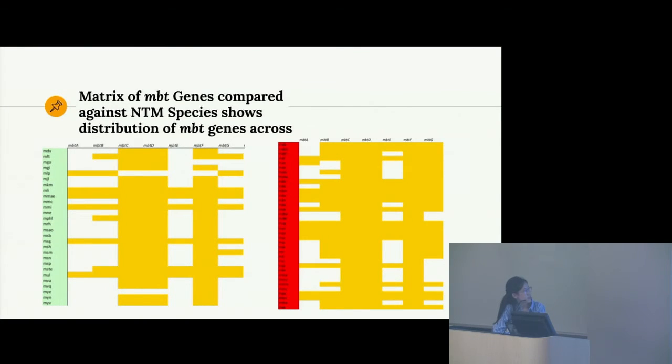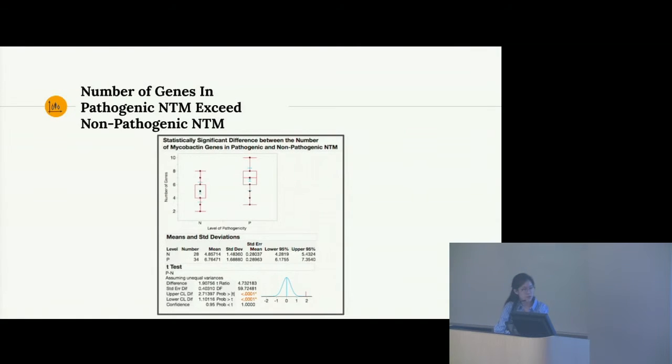As you can see already, there are many more Mycobacterium genes in the pathogenic ones compared to the non-pathogenic ones. To confirm this, I did a statistical test, which showed that pathogenic NTM did have a significantly greater amount of Mycobacterium genes.